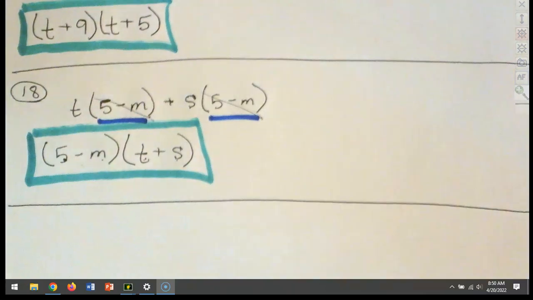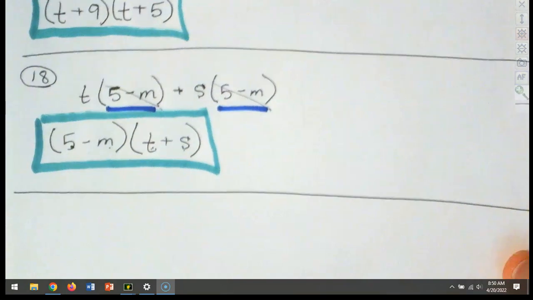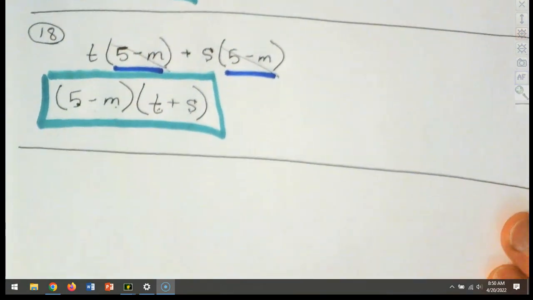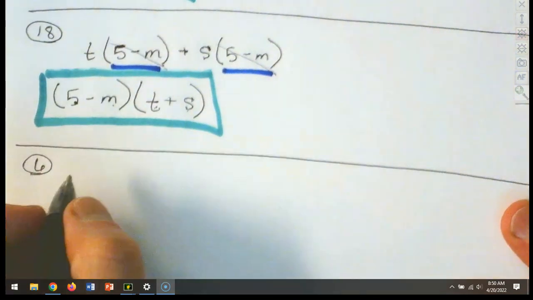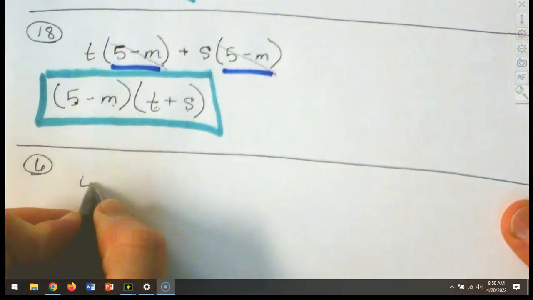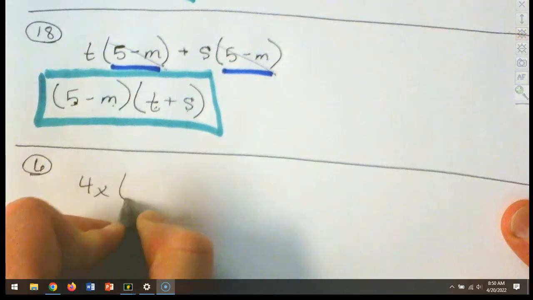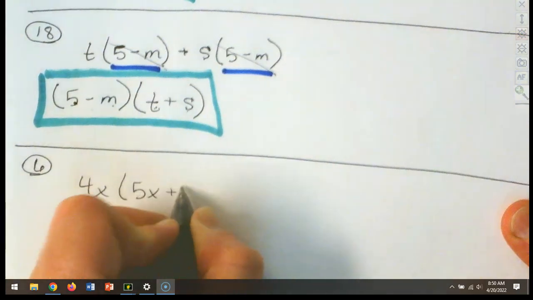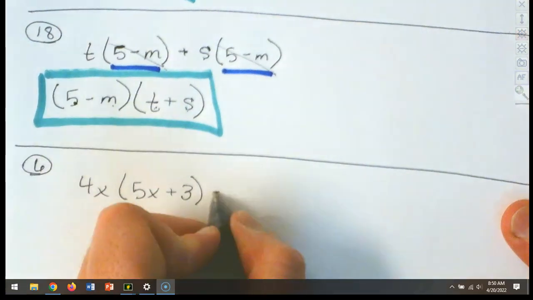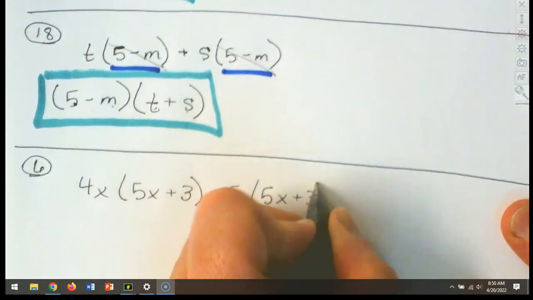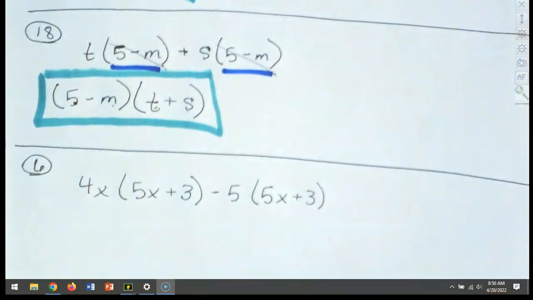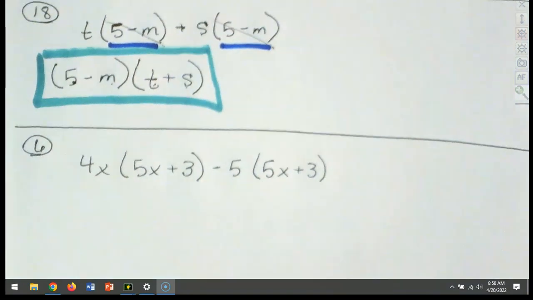Okay, so let's go back and look at question 6. Question 6 is very, very similar to what we just did for 18. So for question 6, we've got 4x times 5x plus 3 minus 5 times 5x plus 3. So we want to take out the greatest common factor, and we look for things that they have in common.